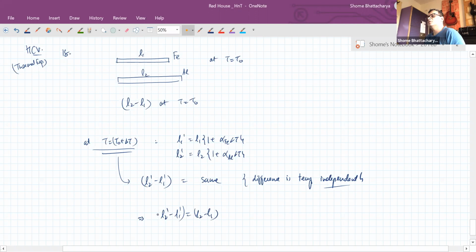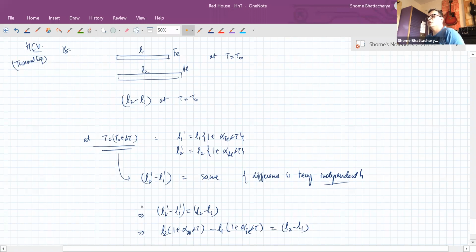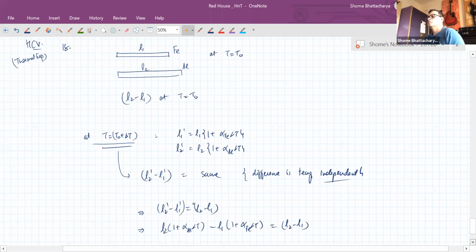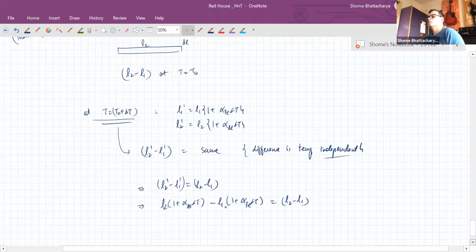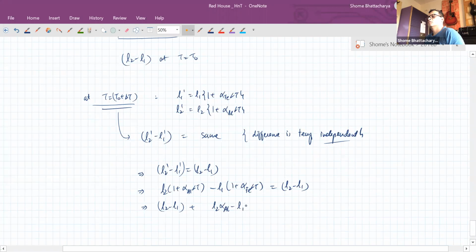this type of question I've done in class also. So you just compare both sides of this equation, you'll realize that this term should be 0.